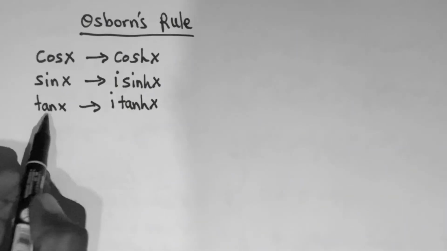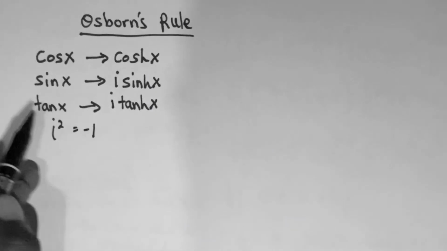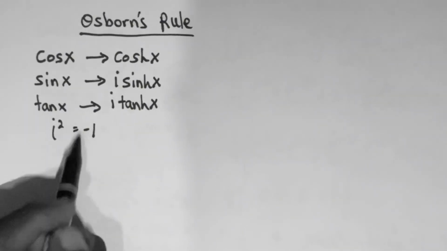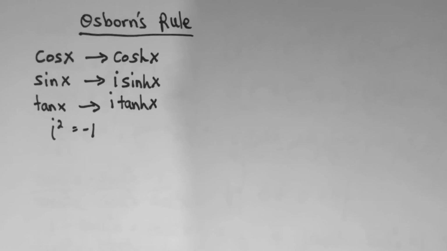Now this i is defined as i squared equals minus 1. It is the same i that is encountered in complex numbers. In the truest definition of Osborn's rule, it says to replace the cos function with the cosh function, then the sine function with the sinh function. And if you have any product or implied product of 2 sine functions, then you replace it by minus the product of the 2 sinh functions.